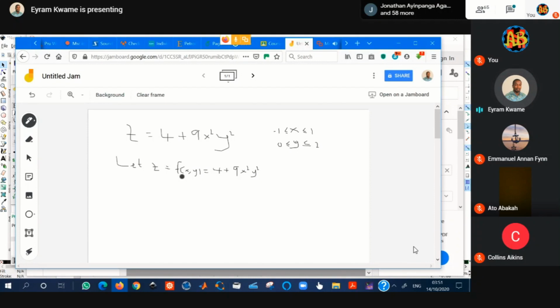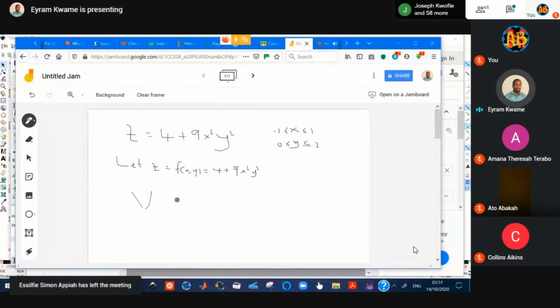So if z is equal to f of x, y, then it means that my volume is equal to what? The double integral.